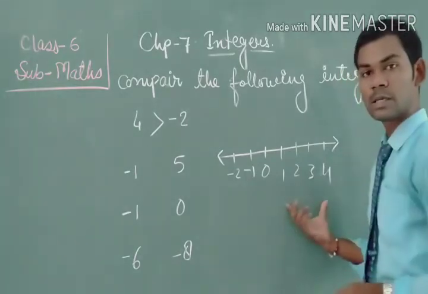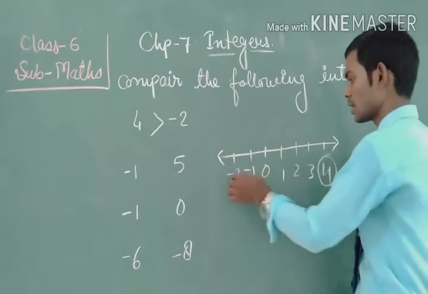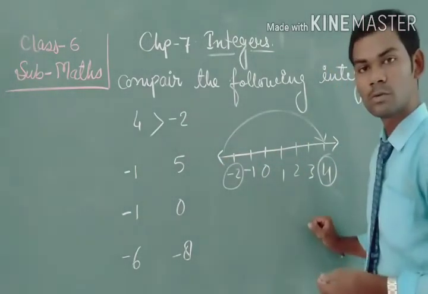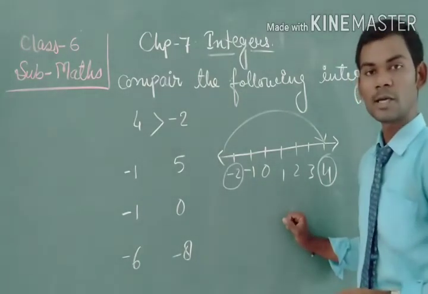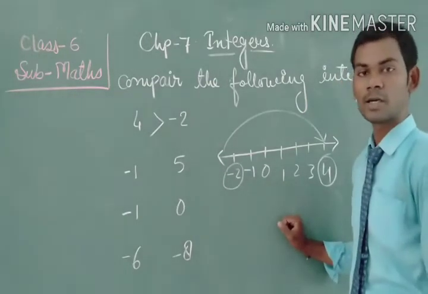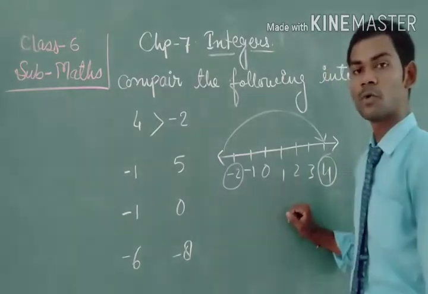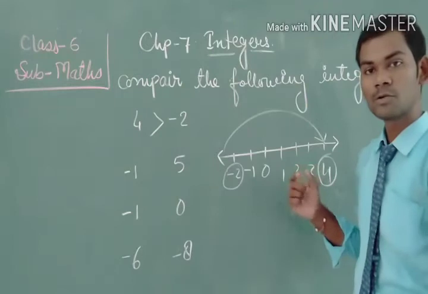On this number line we can see that the number 4 is on the right side of -2. The numbers which go to the right side are greater, and the numbers on the left side are smaller. Therefore -2 is smaller than 4, or you can say that 4 is greater than -2.